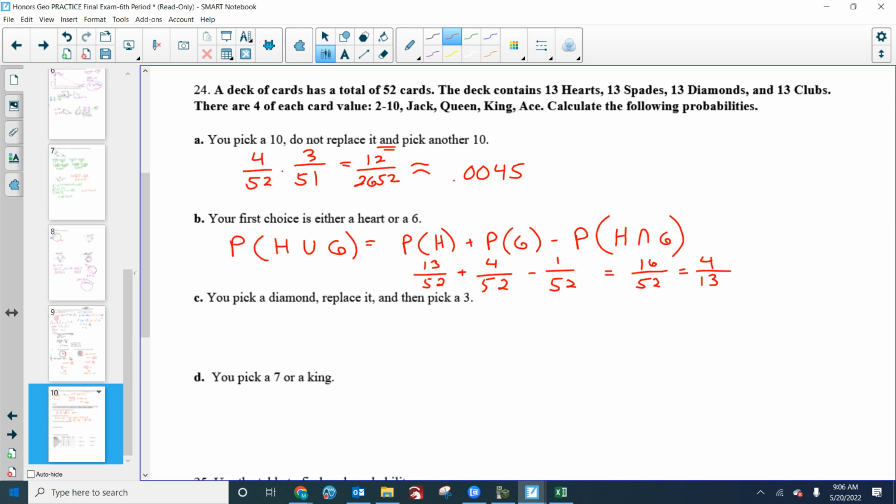All right, pick a diamond, replace it, and then pick a 3. I hope you're thinking multiplication. What's the probability of picking a diamond? 13 out of 52. Replace it, so there's still 52 cards. How many 3s are there? 4. 4 out of 52.